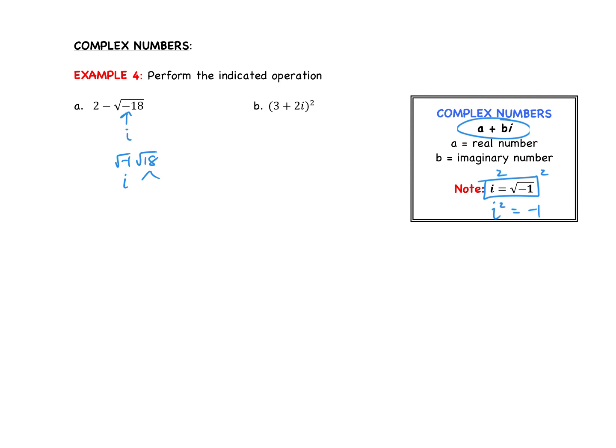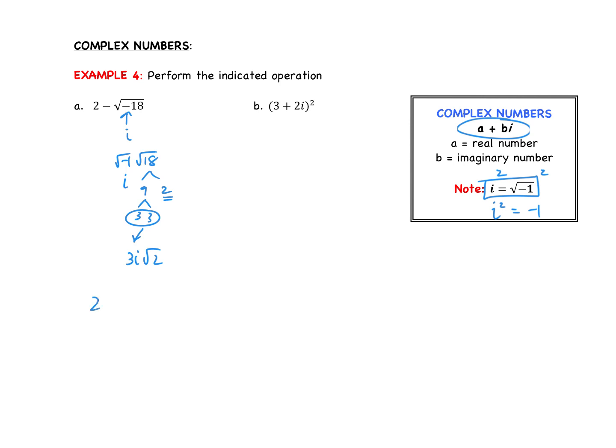What I do is I break down 18 as much as I can. So 18 is 9 times 2, and 9 is 3 times 3. Any pair of numbers comes outside the root. Anything that's left stays underneath the root. 3 is a pair, so it goes outside the root with the i. The 2 that's left goes underneath the root.